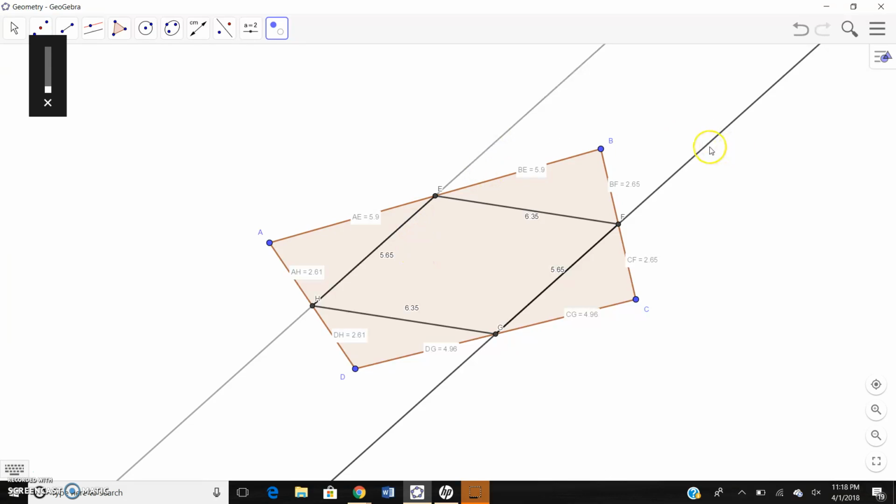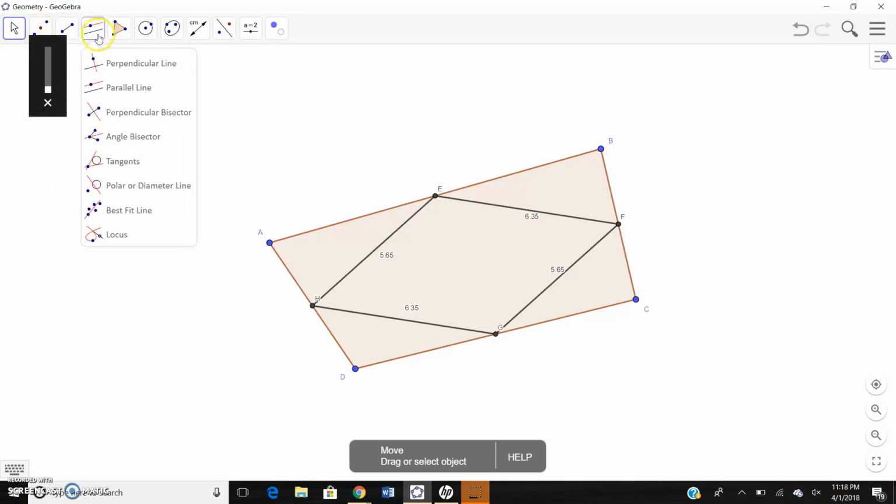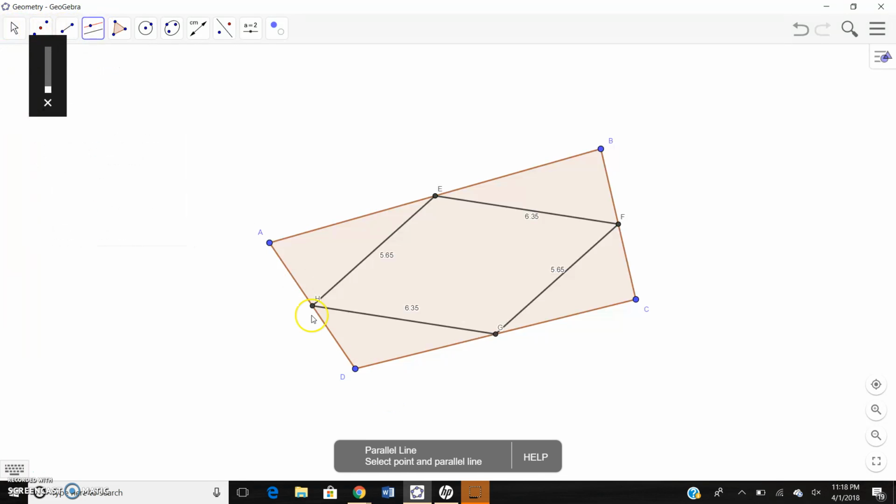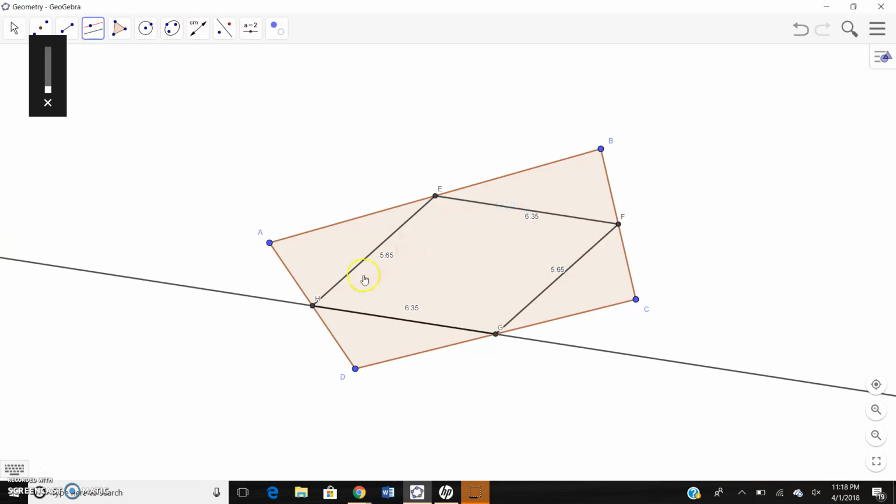So let's hide those. We don't need to see those because we're going to test the other pair of sides that we have here and see if they're parallel. So we're going to want a parallel line, same thing like we did, through H, parallel to this side. Then we're going to want a parallel line through E, parallel to GH.